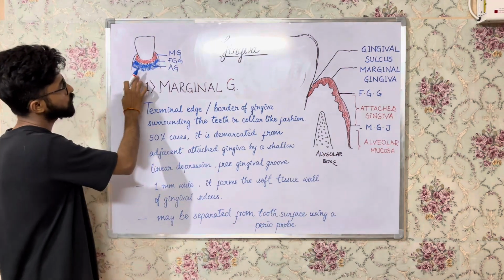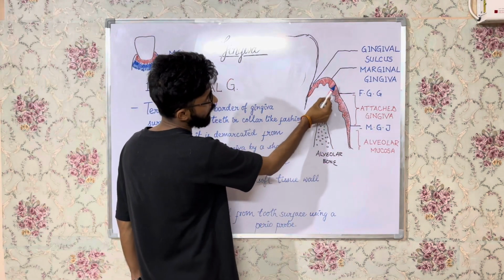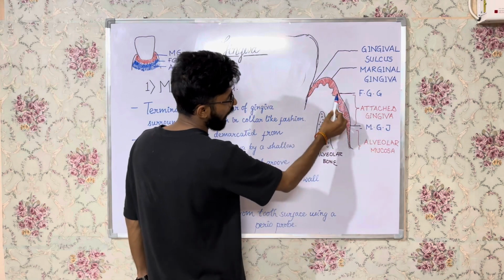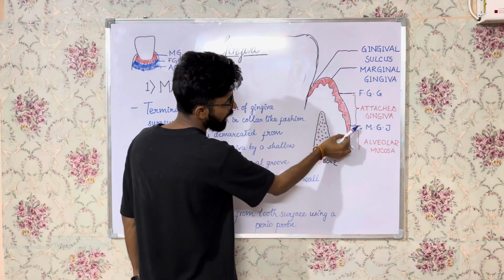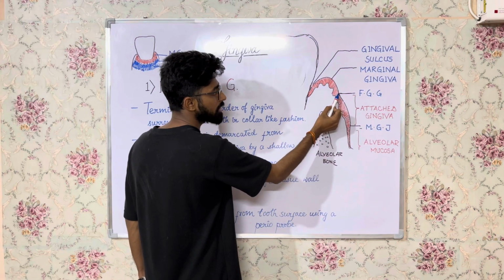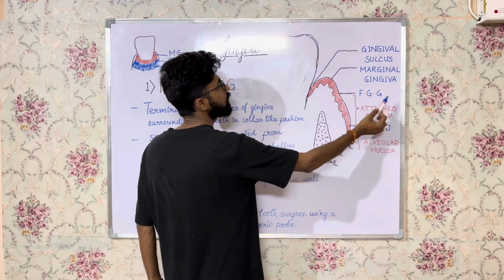It will be understood better if we see the lateral aspect. This part is the marginal gingiva or the free gingiva. After this there is the attached gingiva, and the attached gingiva and marginal gingiva are separated by this shallow linear groove, known as the free gingival groove.